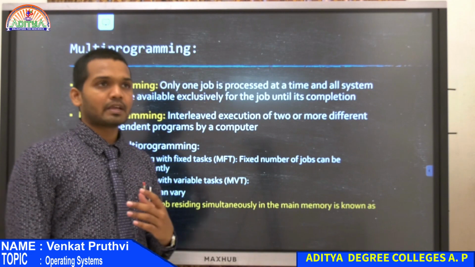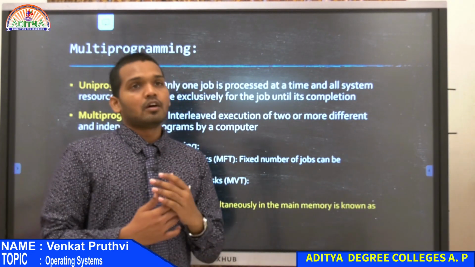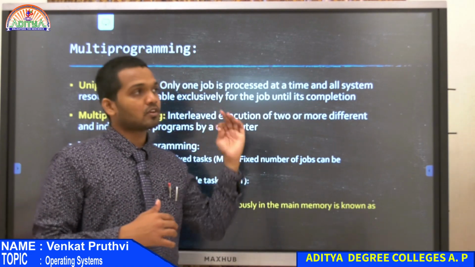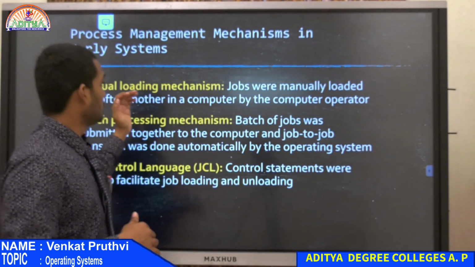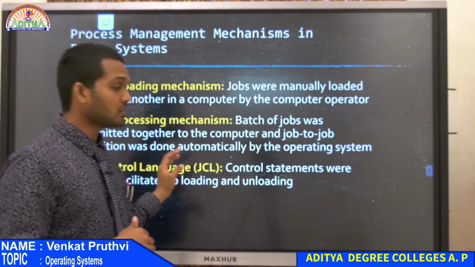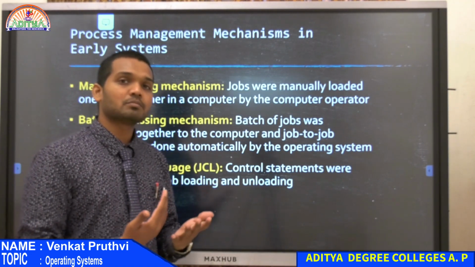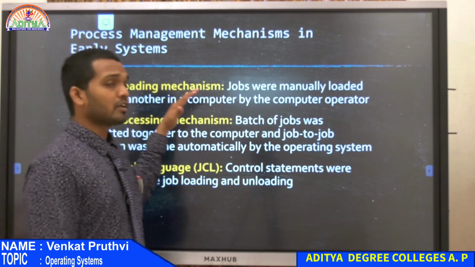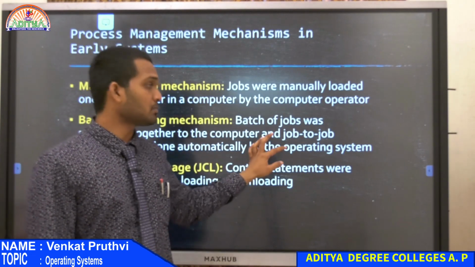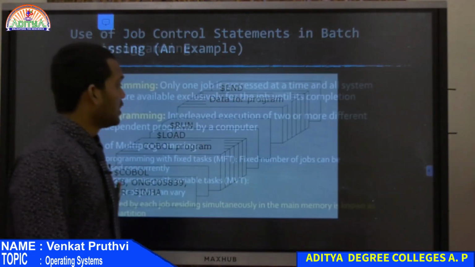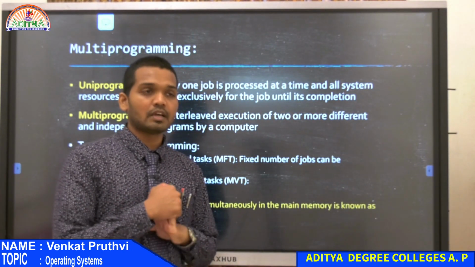Initially, in the first generation of computers, we only had manual loading mechanisms, and then we had the batch processing mechanism. After batch processing, what was the mechanism that we followed? Manual loading is the first generation of computers, then batch processing came in the next generations, and then the third generation of computers, which had ICs.